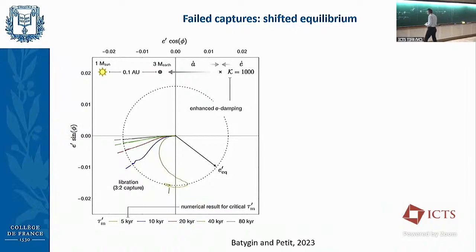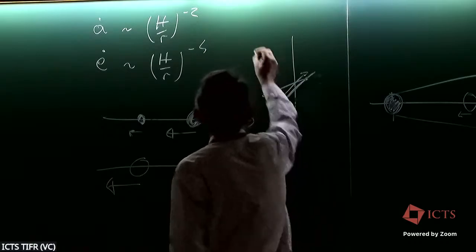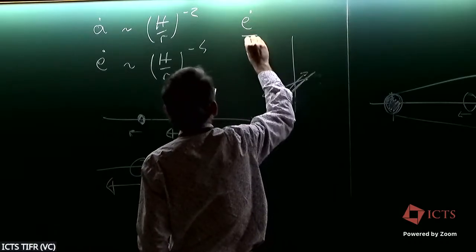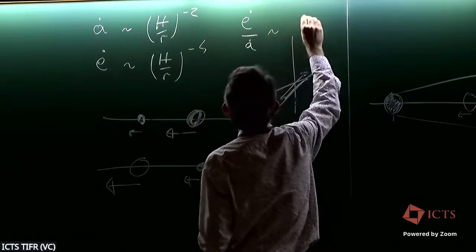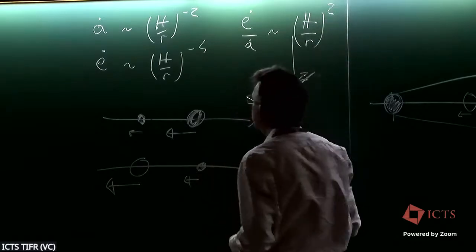I said yesterday that the disk gives a migration that is proportional to the scale height of the disk to the power -2, but the eccentricity damping is proportional to the scale height of the disk to the power -4. So the ratio between the eccentricity damping and the semi-major axis damping is of the order, again, of h, the aspect ratio, to the power -2.